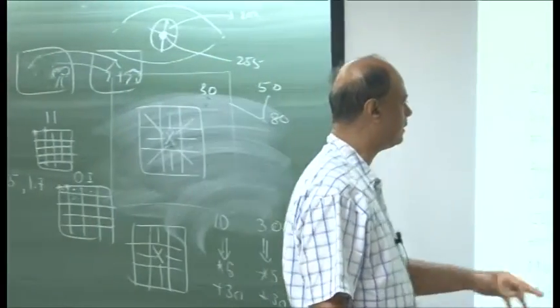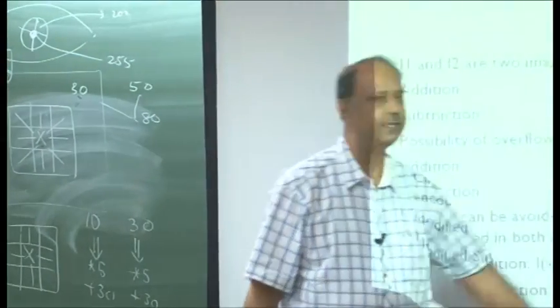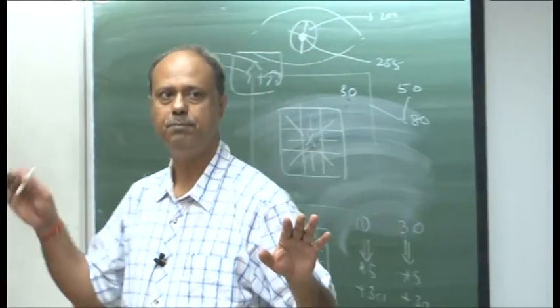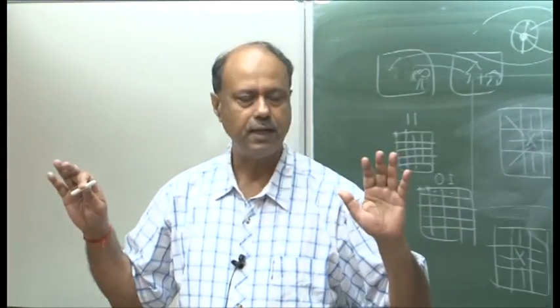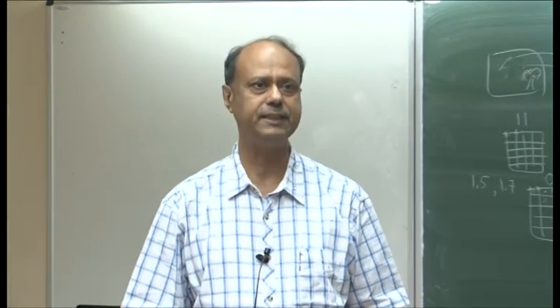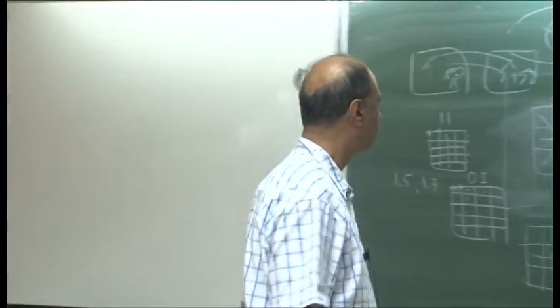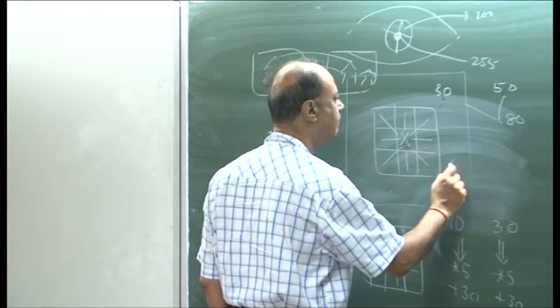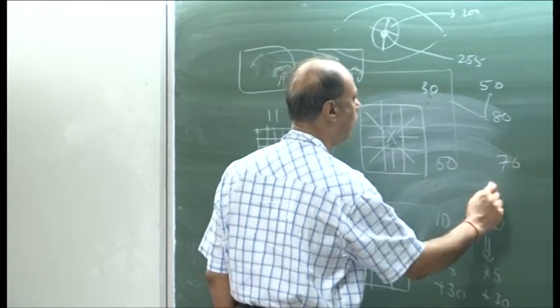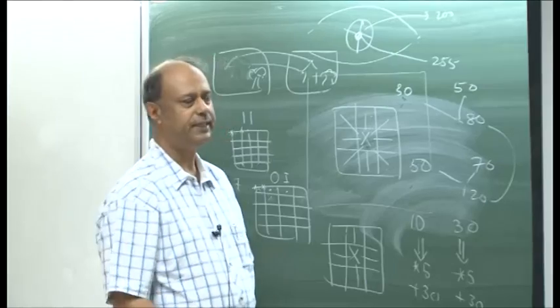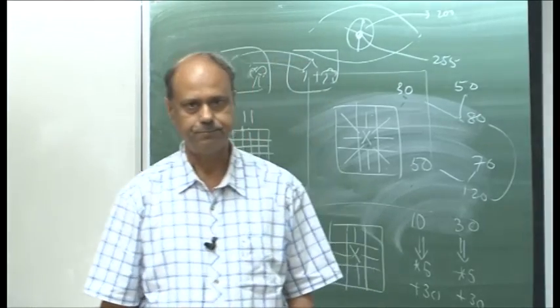So, I1 plus I2 is divided by the maximum value after adding the two images. See, I have 30 plus 50, it is 80, another one maybe 50 plus 70, 120. So, the maximum of these values will be taken into account for division.